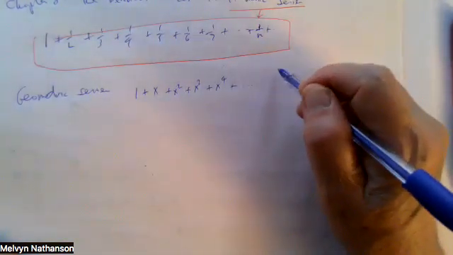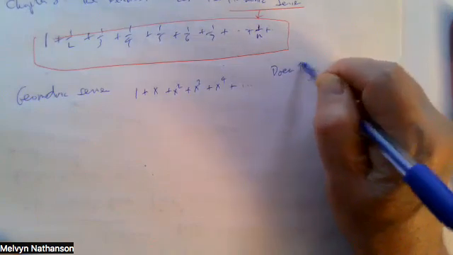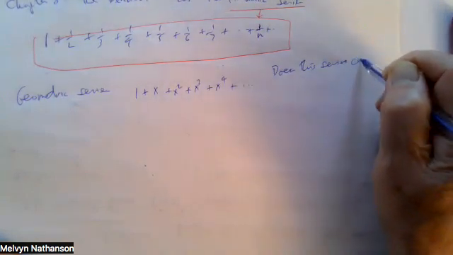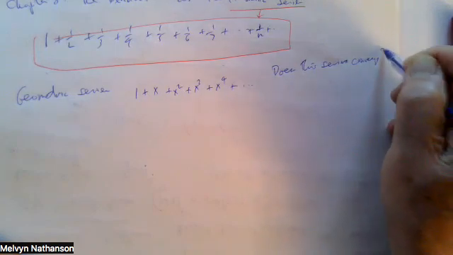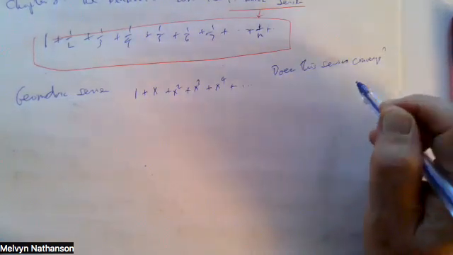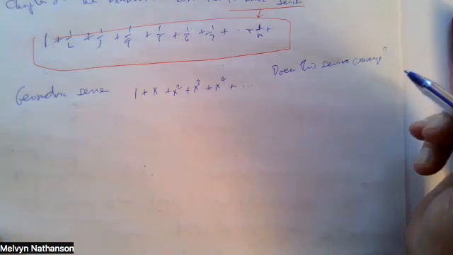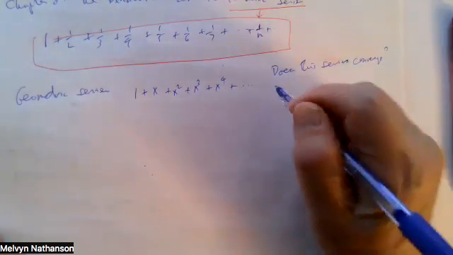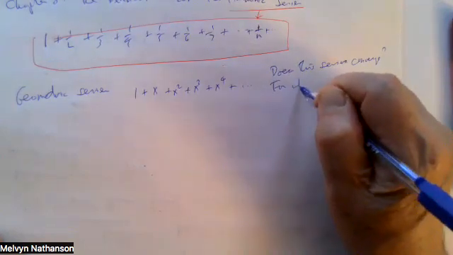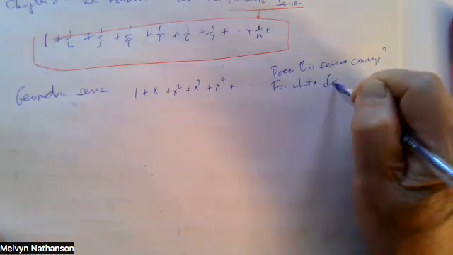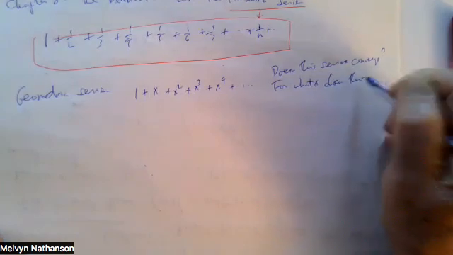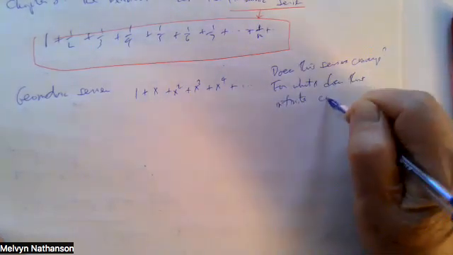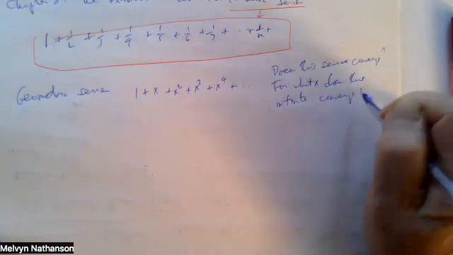And the question is, does this series converge? Or does it diverge? Or maybe, depending on the x, it converges or diverges. So you can ask, for what x does this series, it's an infinite series, converge?